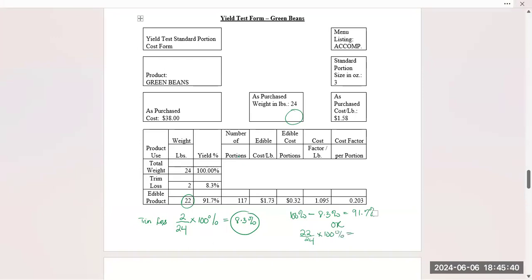Do that and tell me what you get, please. 91.66. Same thing as the 91.7%.